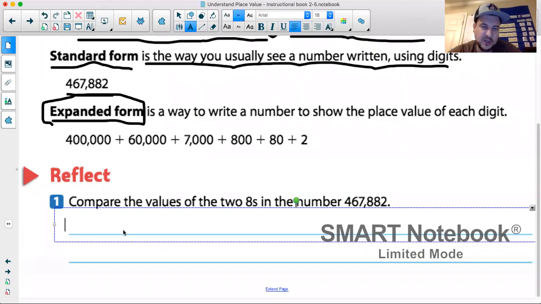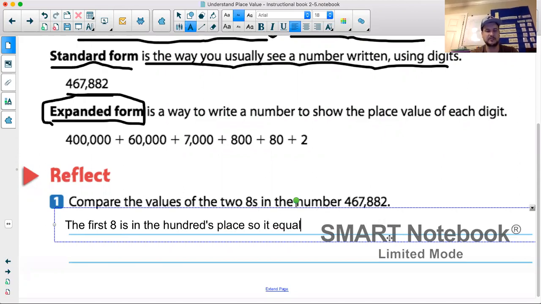Okay, so we've got two 8s in the number 467,882. The first 8 is in the hundreds place, so it equals 800.